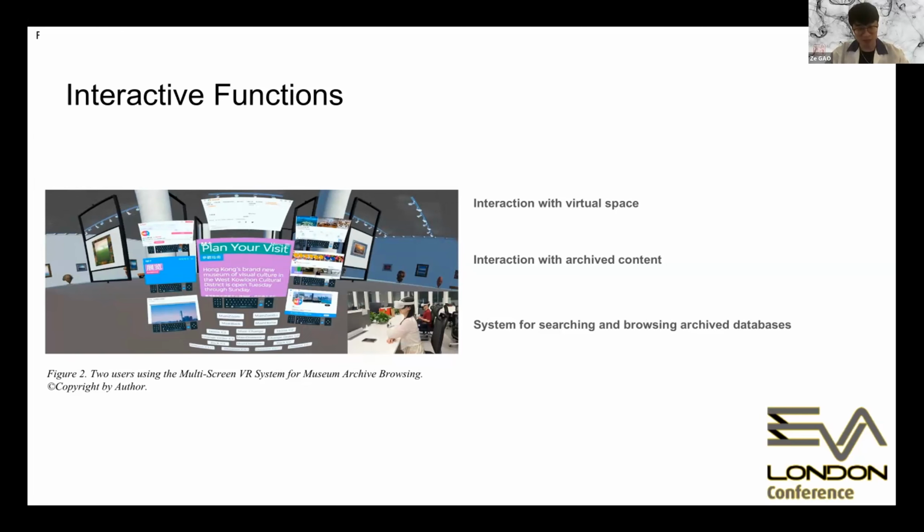For the interactions, there are a lot of archived digital artworks, even video and experimental video, and you cannot really interact with them. But in the virtual space, our system tries to help the audience interact with archived digital artworks.